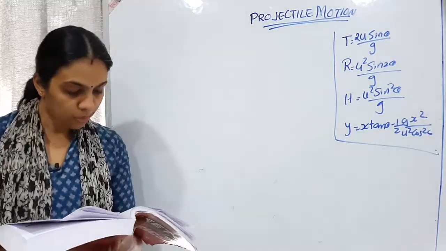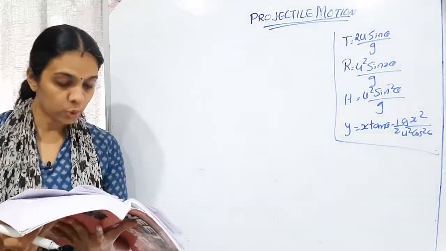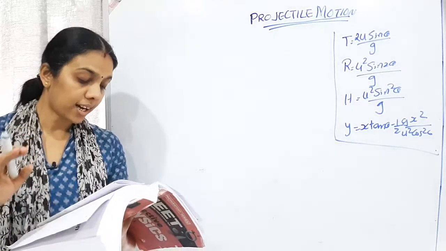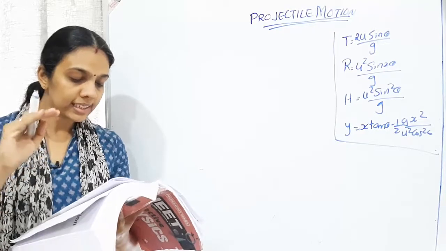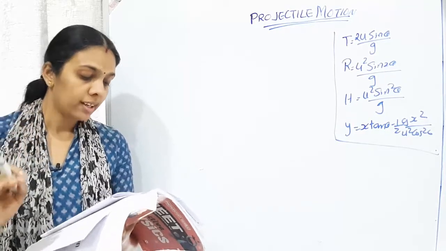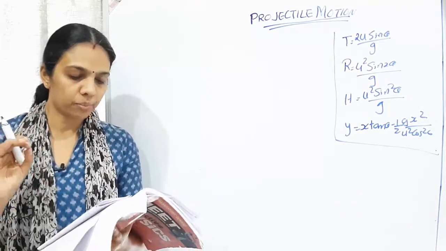Next question is: a ball is thrown from the ground to a wall 3 meter high at a distance of 6 meter and falls 18 meter from the wall. The angle of projection of the ball is.